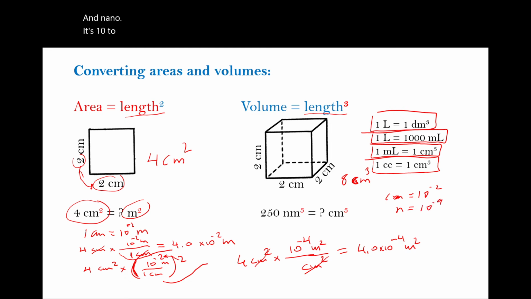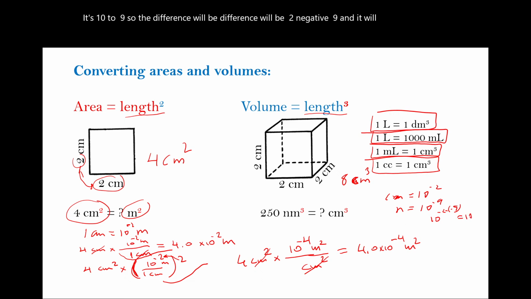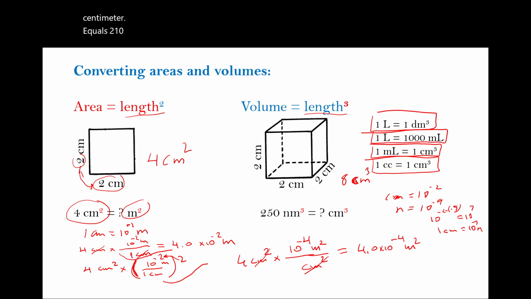So the difference will be negative 2 minus negative 9, and it will be 10 to 7. So 1 centimeter equals 10 to 7 nanometers. So we can use that.